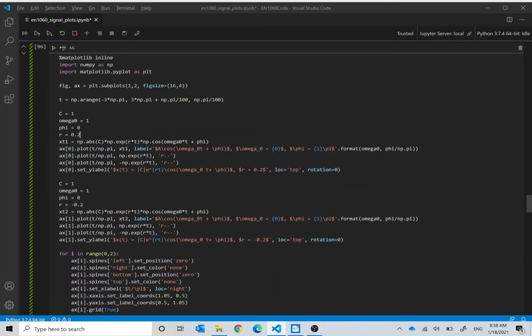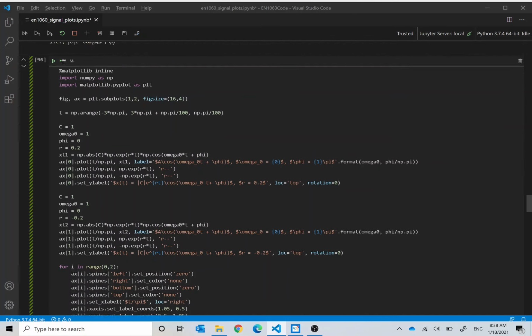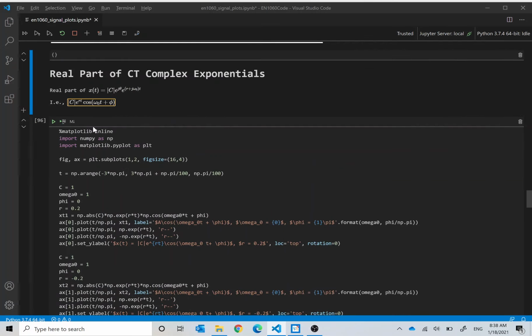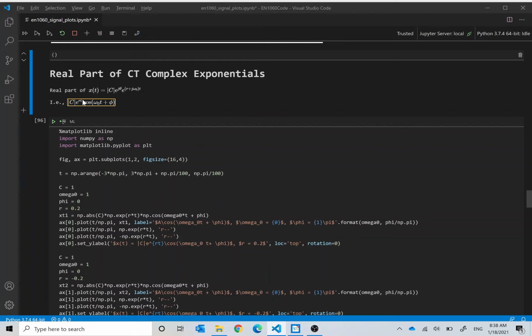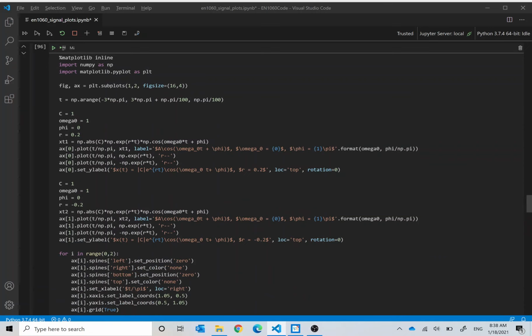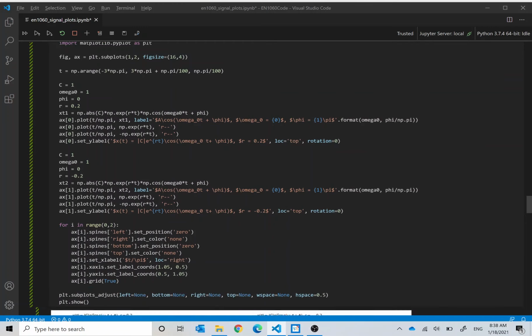Then we construct the signal xt1 equals np absolute value of c as required here. Then np to the power of rt, that is this part right here, and then the cosine part, np cos omega naught t plus phi, and there are some commands to do the plotting.